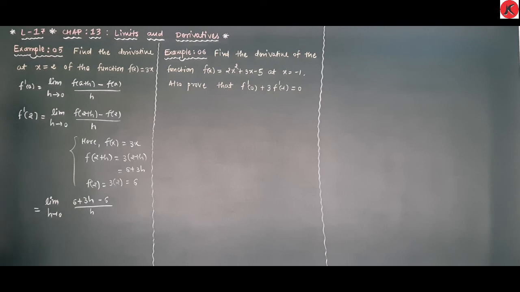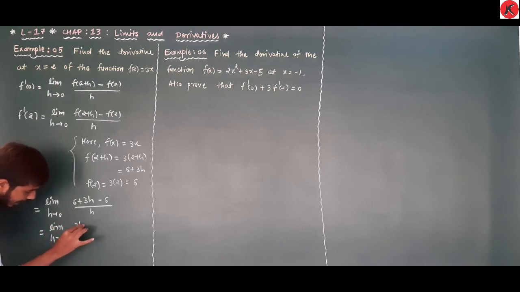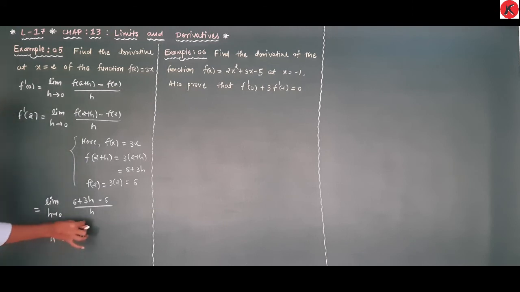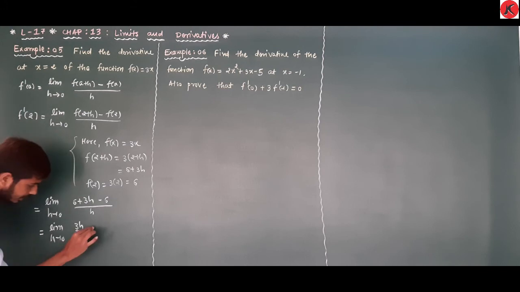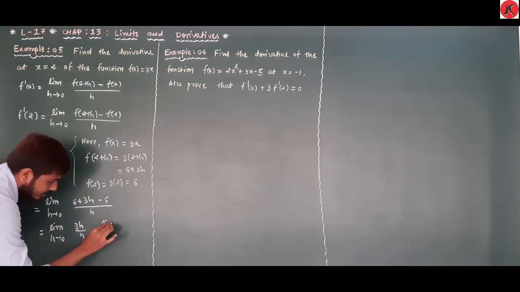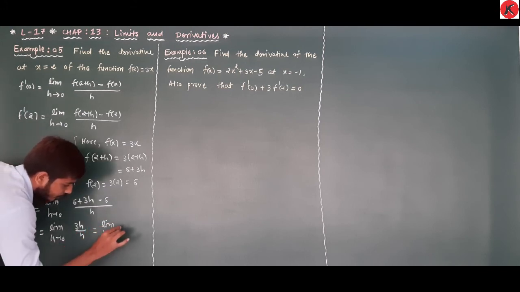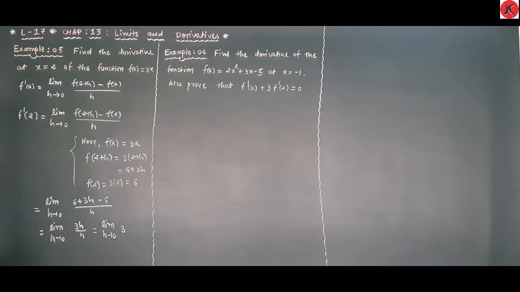Now simplify it, solve it. 6 minus 6 will get cancelled. Therefore we are getting limit h tends to 0 of 3h divided by h. H will get cancelled. Therefore we are getting limit h tends to 0 of 3, and we know that the limit of a constant function is equal to the constant, 3.